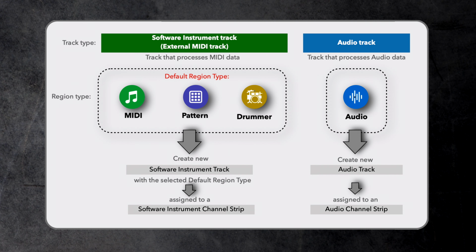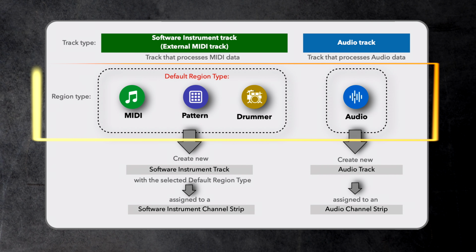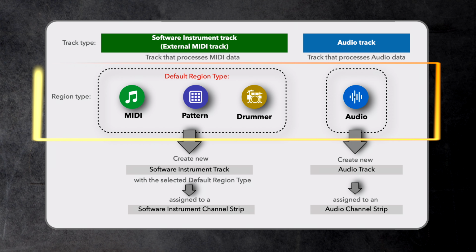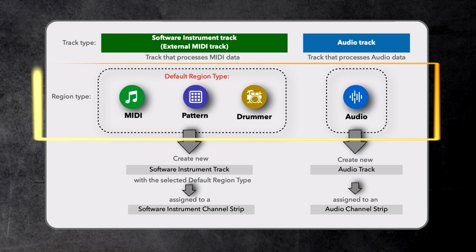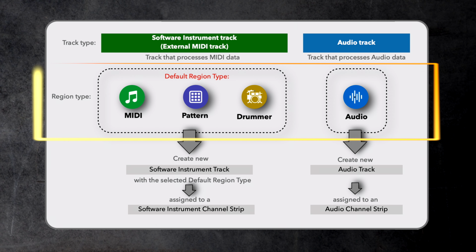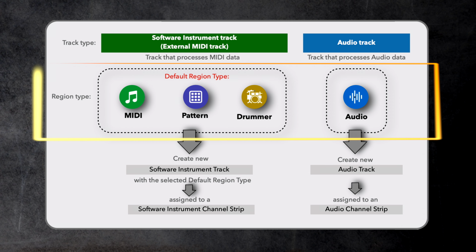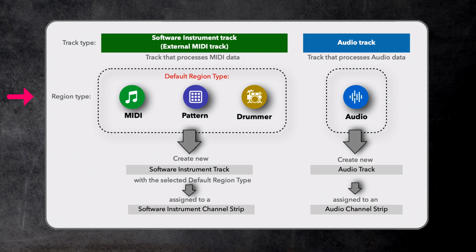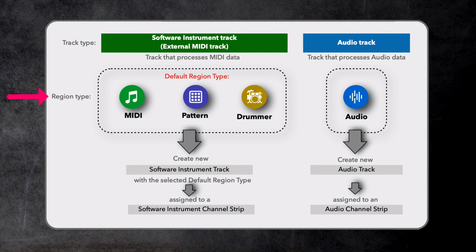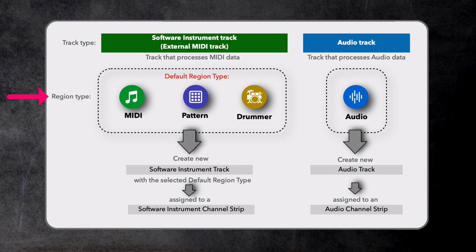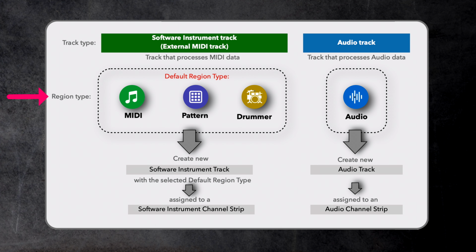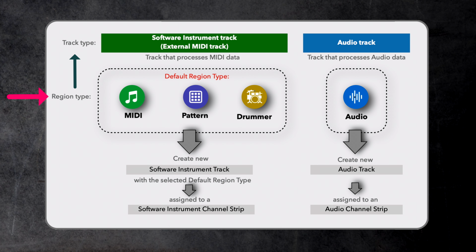In this diagram, I drew the same 4 icons and their position to explain what happens when you select those icons to create a track. The most important fact to understand is that the 4 icons represent 4 region types, not track types. The track type that you create in the New Tracks dialog depends on what region type you select.